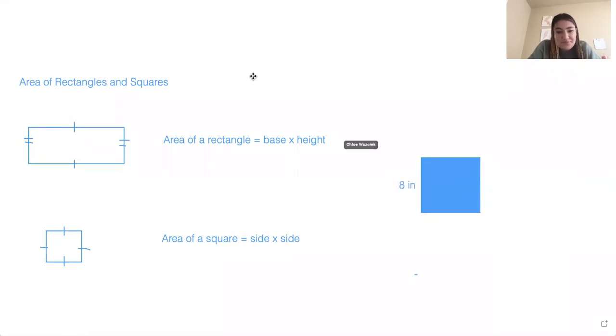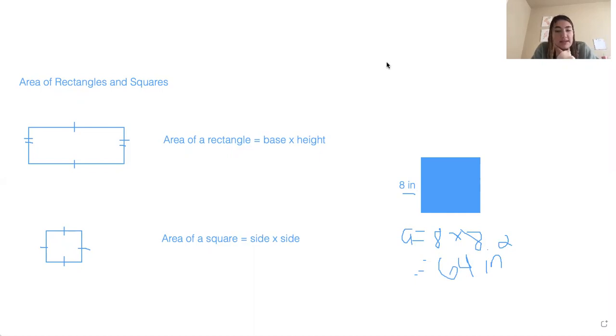Okay. So this is a square, so we're going to do area equals side times side. So A equals, and then our side is 8 inches, so we're going to do 8 times 8. 8 times 8 is 64 inches squared, or square inches.